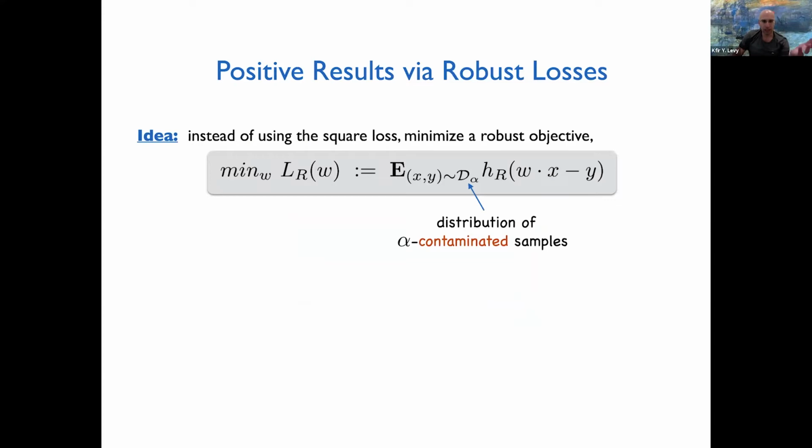So our new objective is to minimize the expected Huber loss over the contaminated data set, and we denote this expectation by capital L R of W.